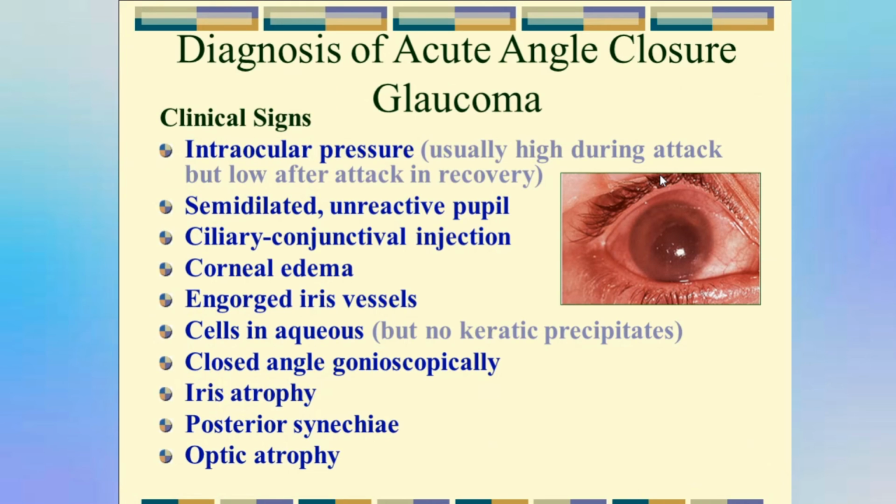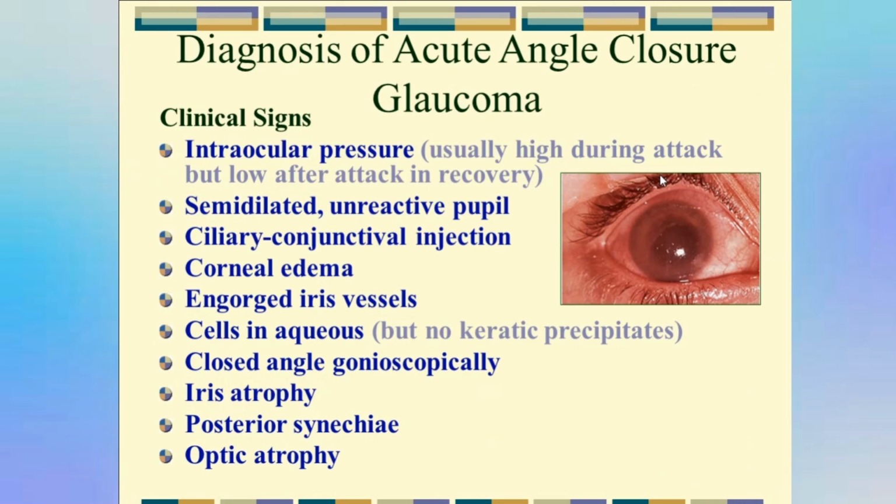clinical signs: intraocular pressure is usually high during attack. When you palpate the eye, it is very hard, like a stone, and even without measurement, we can estimate the intraocular pressure. The pupil is dilated. We can see redness of the eyeball, cornea edema, or if we can see the angle of the anterior chamber, we see that the angle is closed.